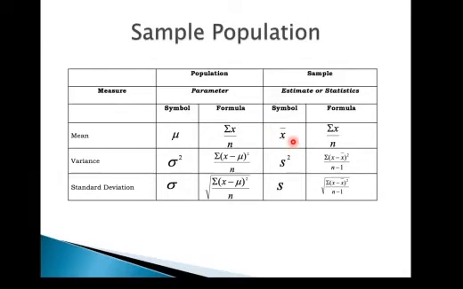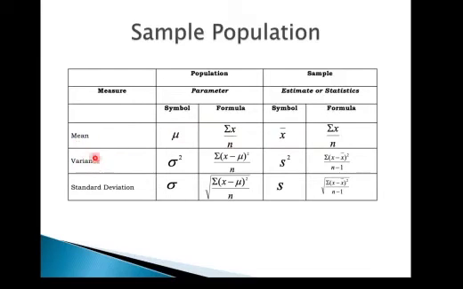I used mu because I pretended that I measured population values, but really, if we only measure a sample, the symbol should be x bar. The formula is the same, the sum of x divided by n. X bar and mu have the same formula.